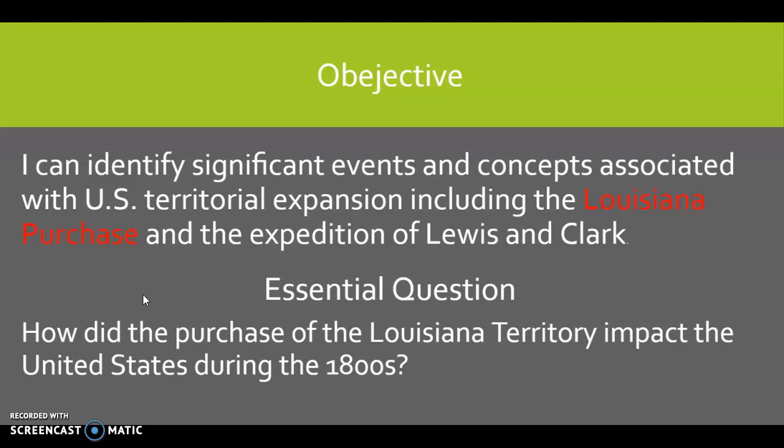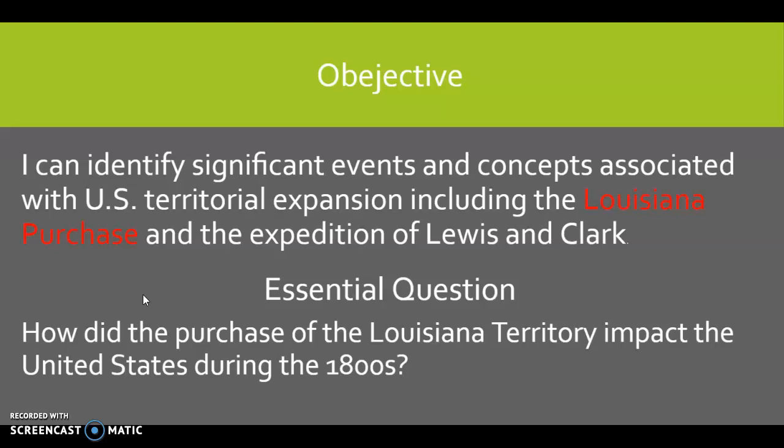We know that our country began with 13 colonies that fought successfully for its independence in a war with Great Britain, and we went from 13 colonies to the United States of America and spread our territory all the way to the Mississippi River. But we began this school year learning about the 50 states.